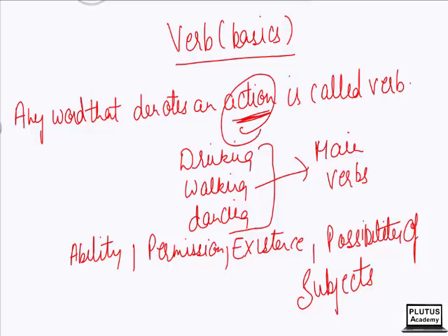The verbs that denote action are known as main verbs, and the verbs that denote possibilities, abilities, permission, existence, orders, they are known as verb basics. So in verb basics we have to discuss helping verbs.